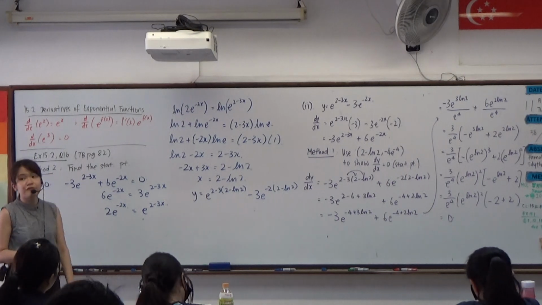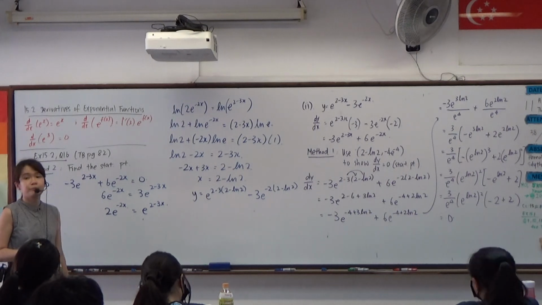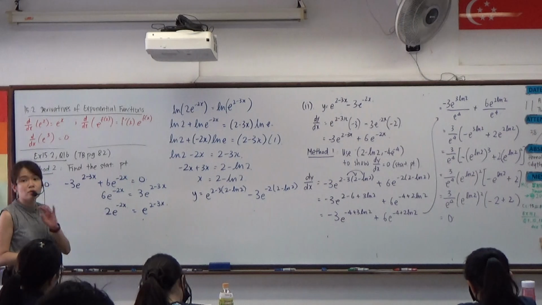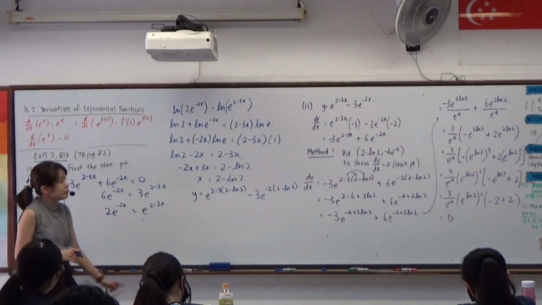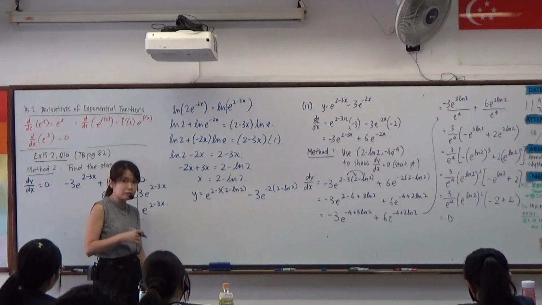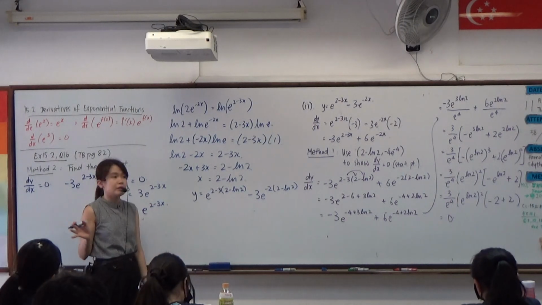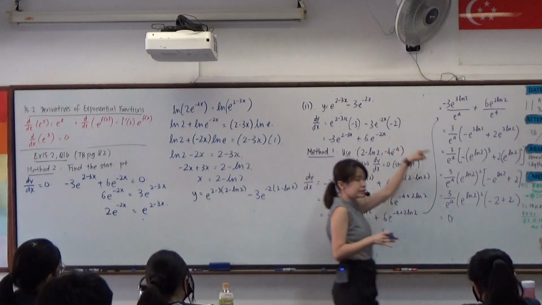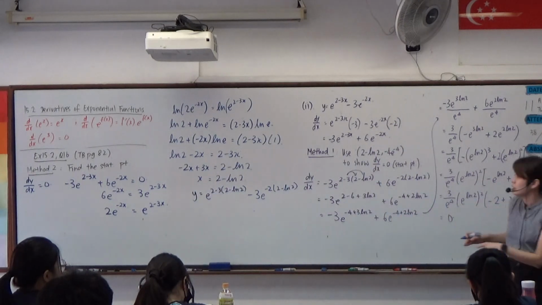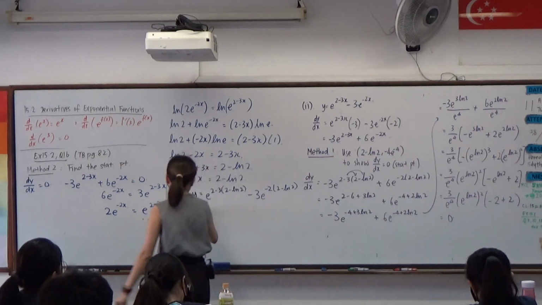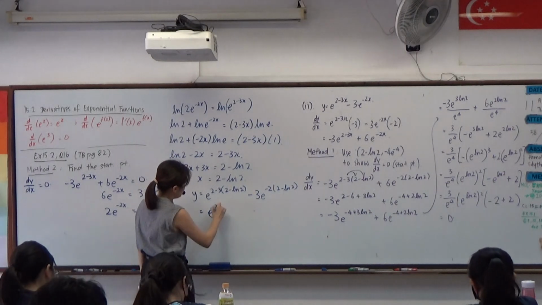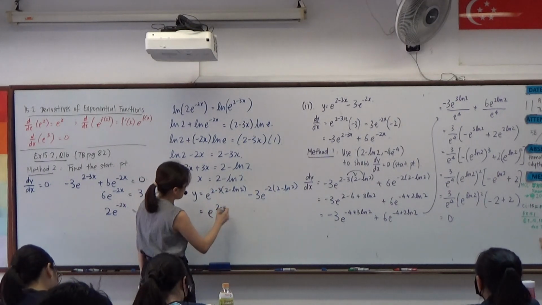Okay. So substituting the x coordinate, we'll get this. The question wants you to find the exact value. Okay, so this one there's no way for you to press calculator. Because you press calculator, you will get a decimal value. And it's not exact at all. Okay, so we can't run away from this process. Okay. So again, I expand it.